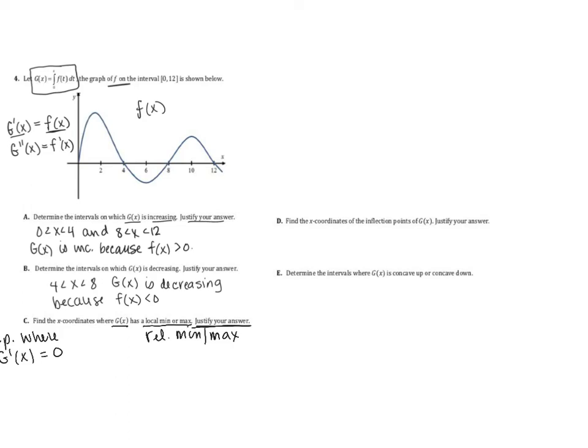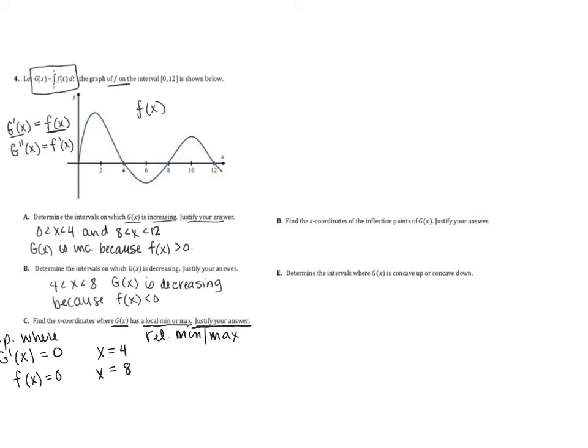That's what I need to be thinking, is we have to find those critical points. So g prime is equal to 0. If we translate that to this problem, we're really looking for where f of x equals 0. So f of x is going to be 0 when x equals 4 or x equals 8. And so that's our critical points.